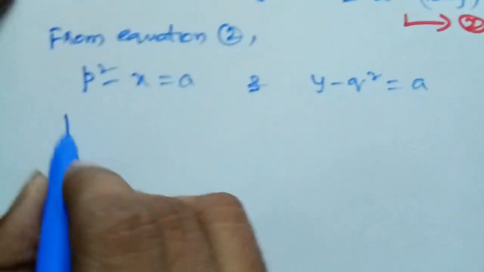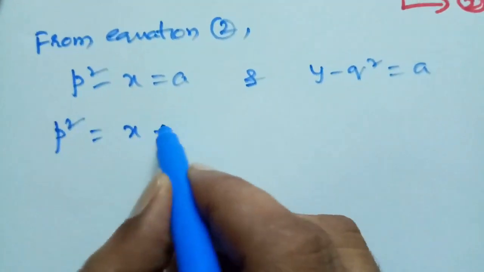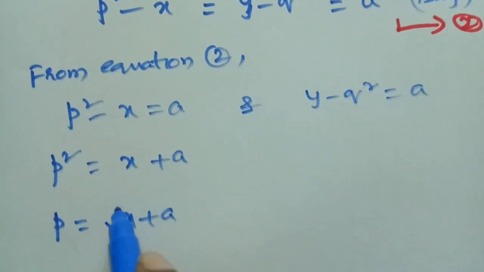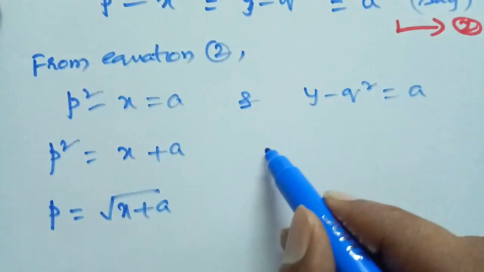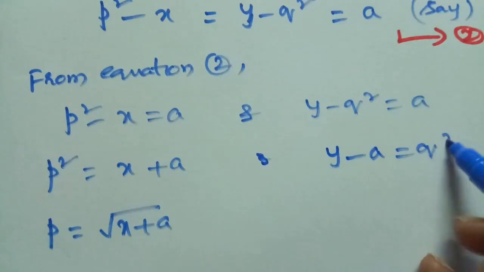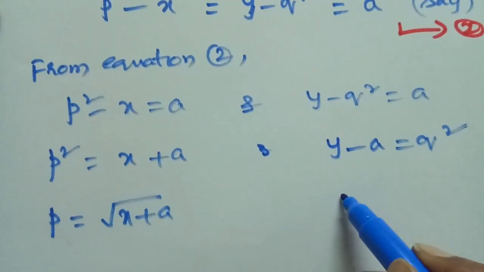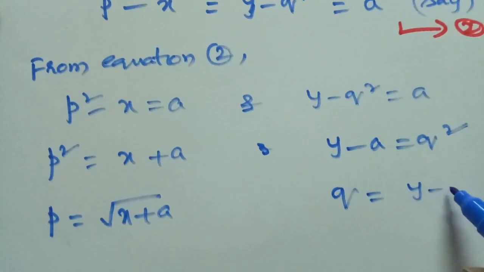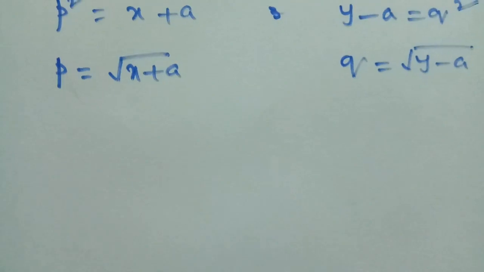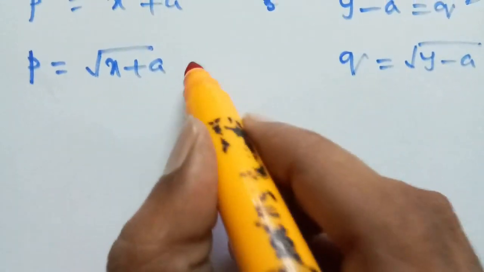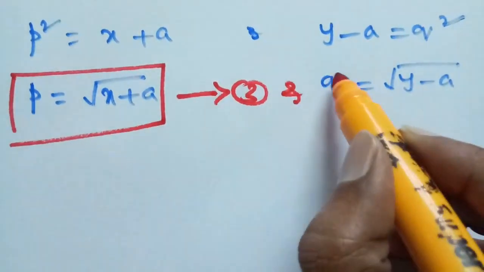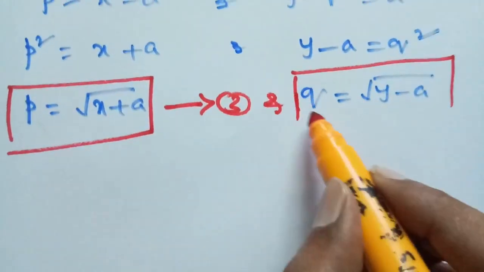Therefore, p square is equal to x plus a, and p is equal to root of x plus a. And also here we can write y minus a is equal to q square, and q is equal to root of y minus a. Say this is equation number 3, and this is equation number 4.